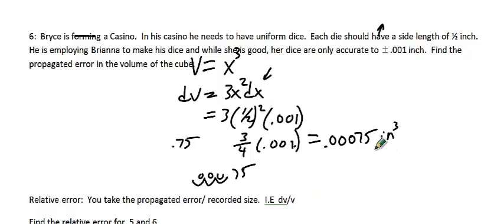Okay, so now the question is, how important is it? Let's say we have a propagated error of 2 miles. Well, if you're talking about the size of dice, that's a huge deal, that's crazy. What if we had a propagated error of 1 inch for a die? That's still way too huge.